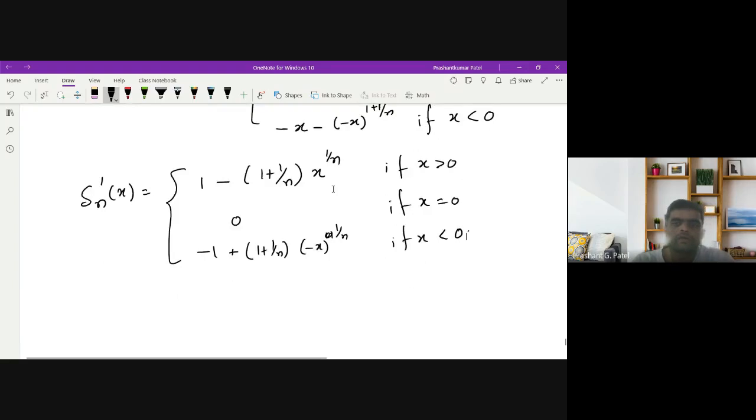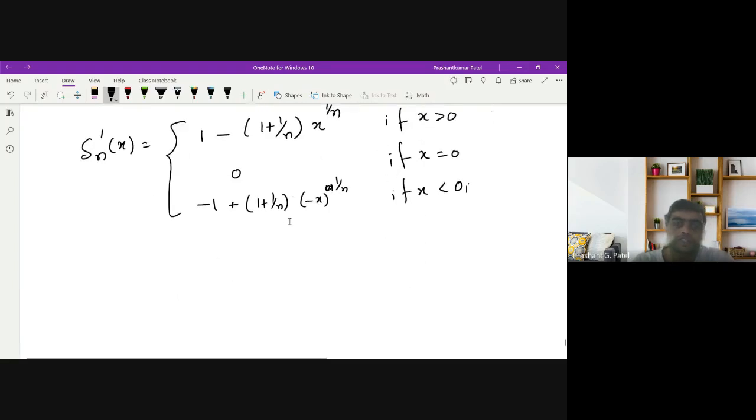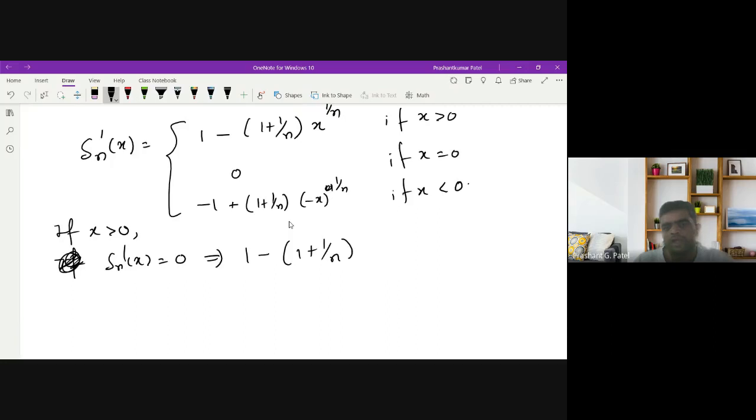So now we have to calculate the stationary points, Sn dash x equal to 0. First, I need to take x greater than 0. If x is greater than 0 and Sn dash is equal to 0, then this gives you 1 minus 1 plus 1 by n times x power 1 by n equal to 0.